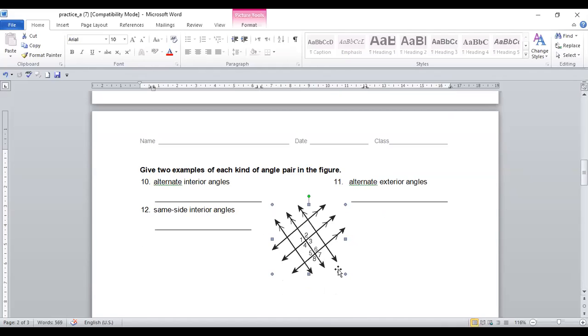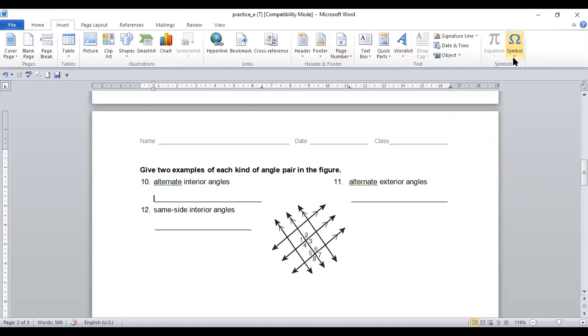They want alternate interior angles. Now interior means inside. So they are talking about these angles which are inside. They want you to give 2 examples, which means you have to give two pairs of each answer. Not 1, it's going to be 2. So which are the alternate interior angles? Alternate means opposite, interior means inside. So angle 3 and 5 and angle 4 and 6 are going to be the alternate interior angles.